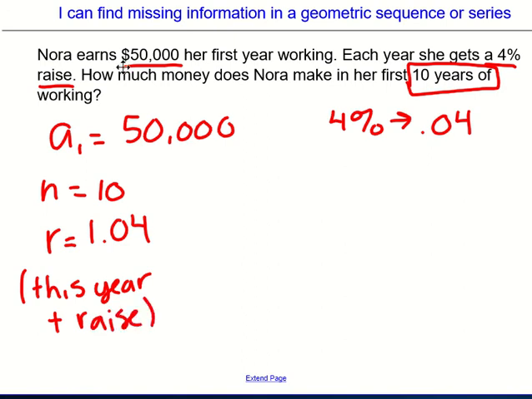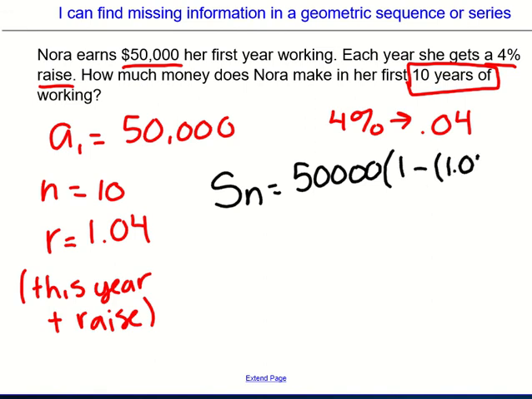Now I'm going to use my sum equation. 50,000 is where she starts, times 1 minus the ratio to the 10th power, all over 1 minus my ratio.